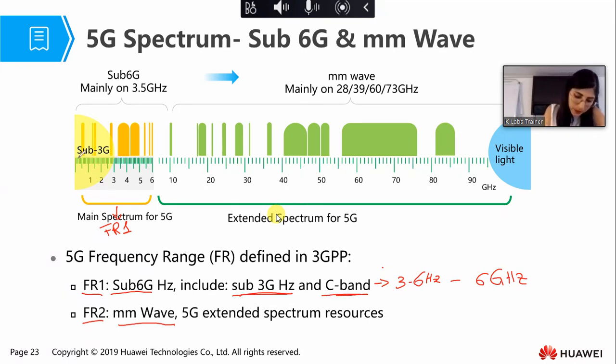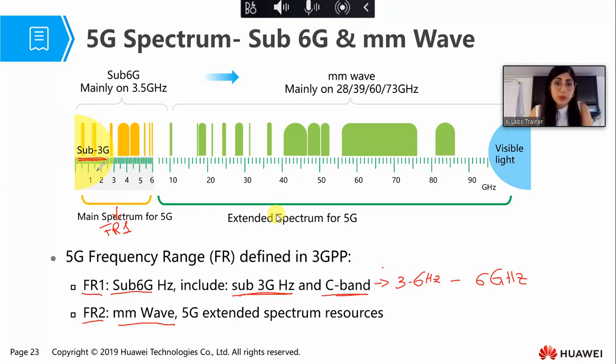At sub-3 gigahertz, we have the advantage of extended coverage, because, you know, the lower the frequency, the larger the coverage. The problem here is that most of the radio technology that we know till now works inside this band. So we don't have at sub-3 gigahertz a large portion of spectrum that we can use for our 5G applications.